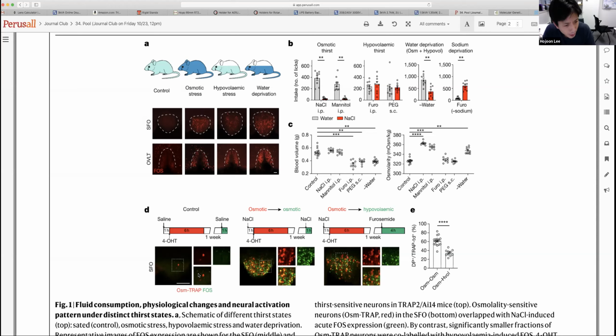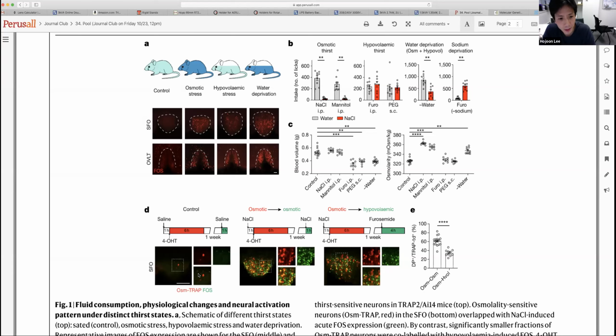And then a little bit of background on D, the TRAP mice. I think we've been talking about this over several papers, but this is a CFOS promoter. So this TRAP mouse has the CFOS gene and then a CRE-ER. 4-OHT is a hydroxy form of tamoxifen, the metabolized form of tamoxifen that can act instantly on the ER part.